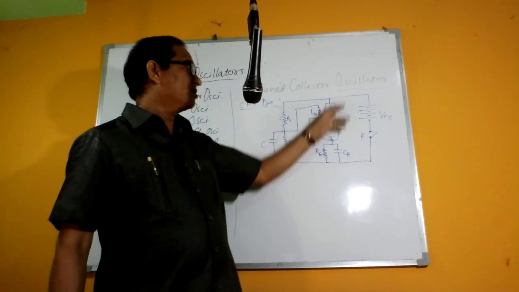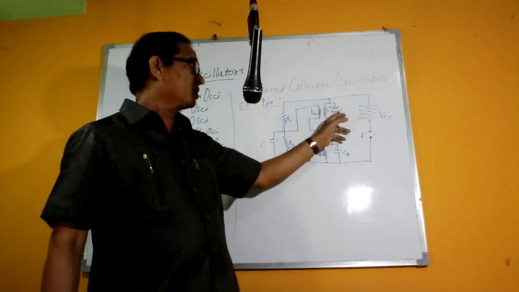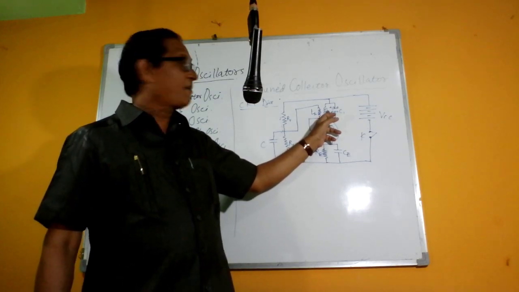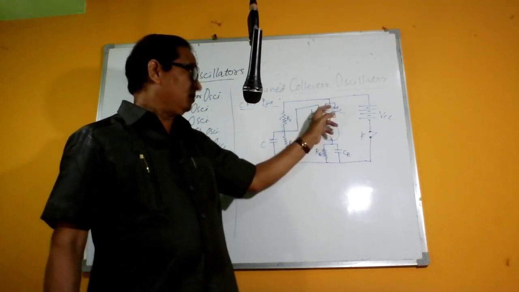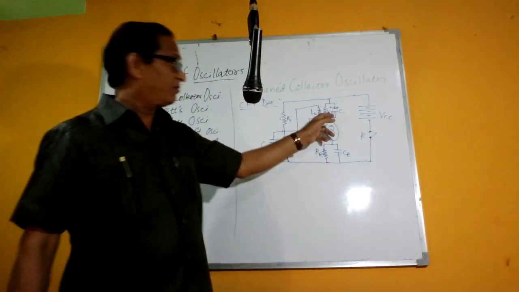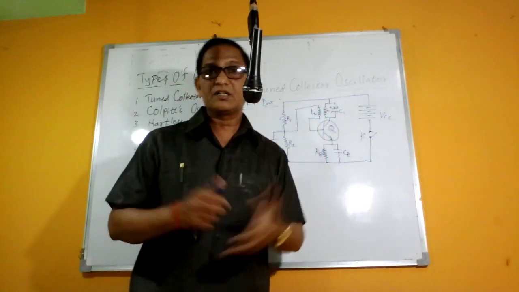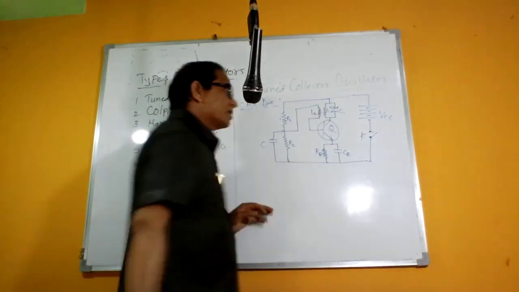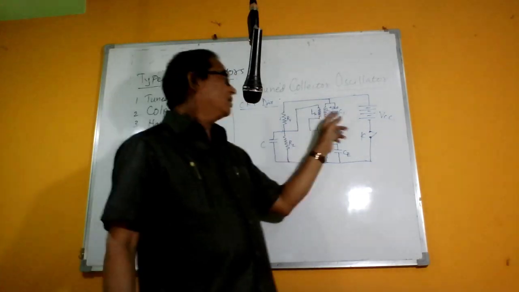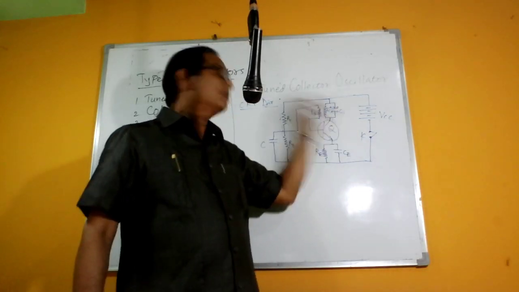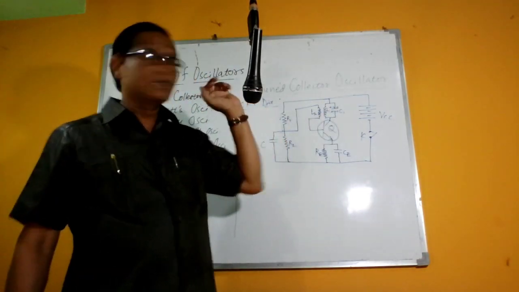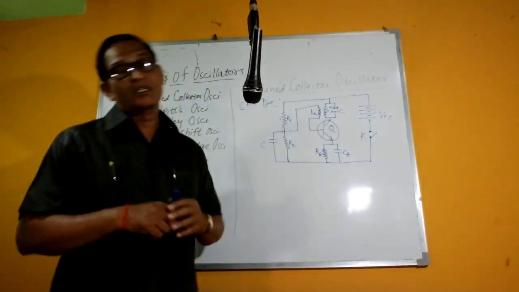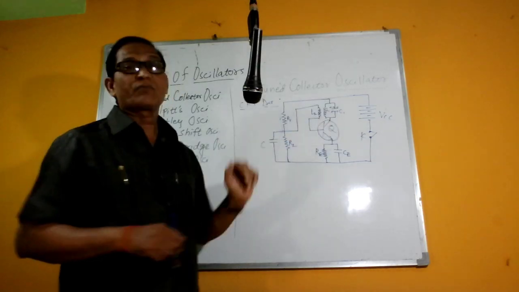This electrostatic energy totally discharges and the magnetostatic field is developed across the inductance L, which again collapses and is developed across this capacitor C. In this way the oscillations are set up in the tank circuit.